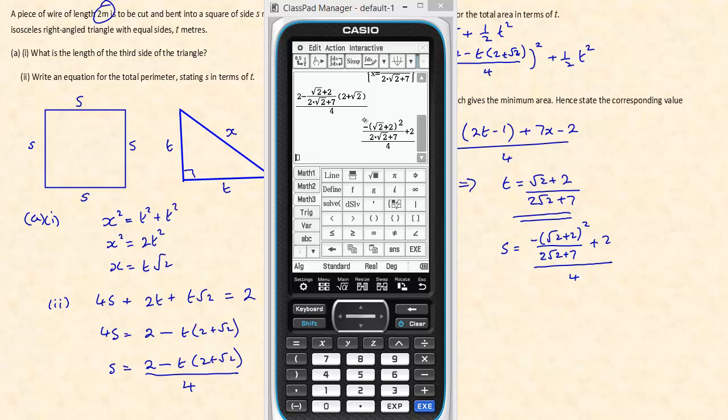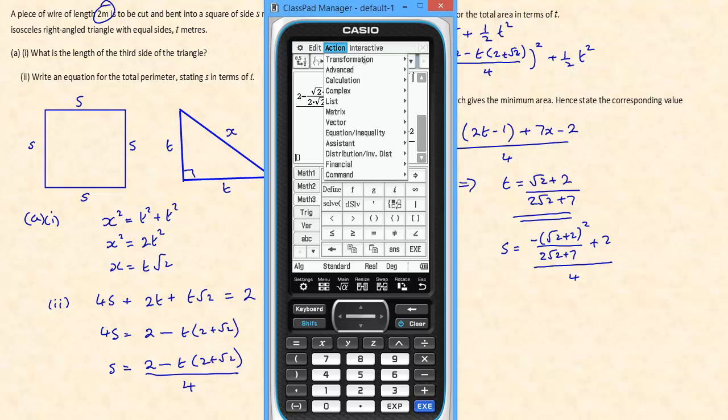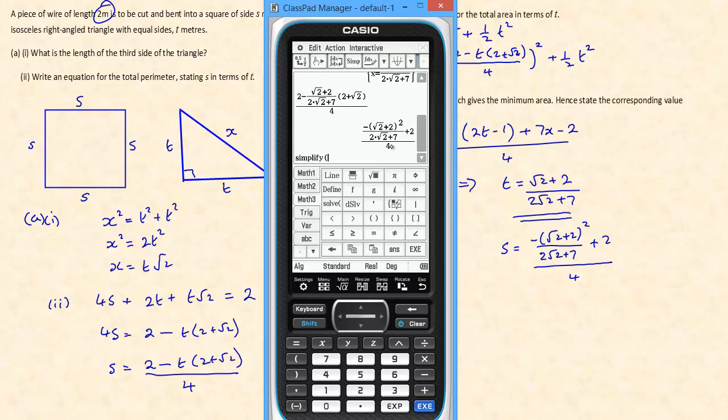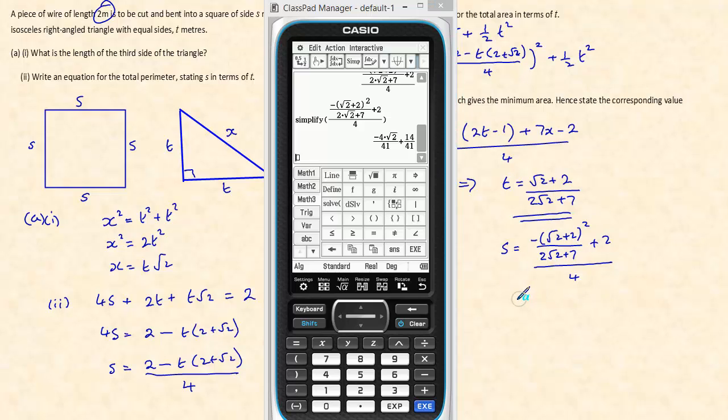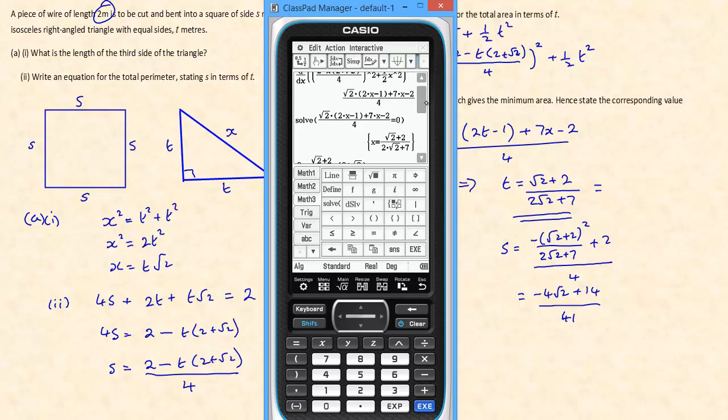Now we may be able to get the calculator to simplify that. See how successful it is. So that's negative 4 root 2 add 14 over 41. We might be able to do the same sort of thing for this one up here. So where was that?